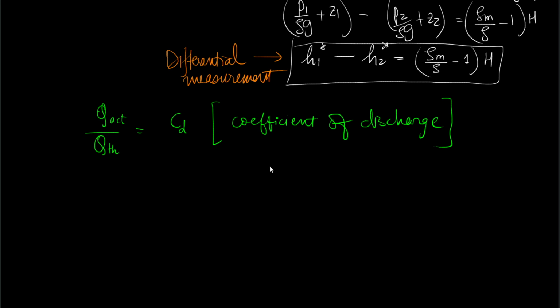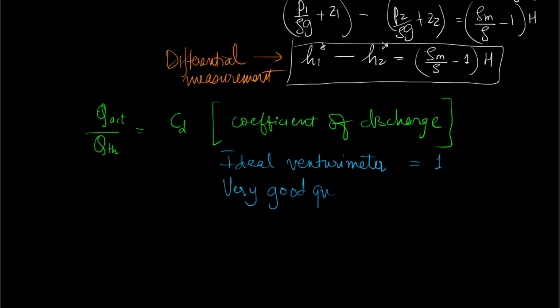Okay, so if someone asks what is the coefficient of discharge for an ideal Venturi meter, the coefficient of discharge will be equal to 1. For a very good quality but real Venturi meter, the coefficient of discharge will range from 0.95 to 0.98.